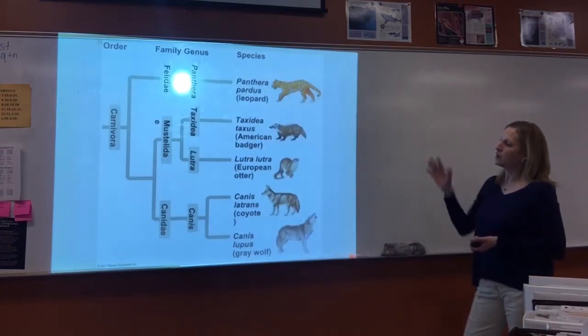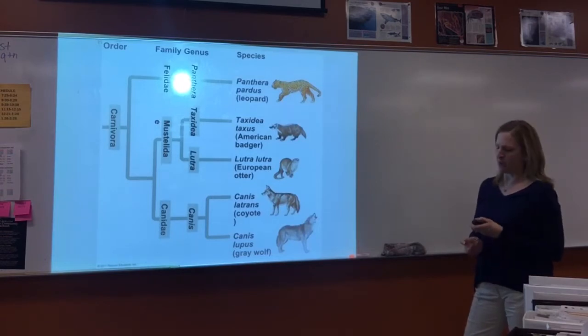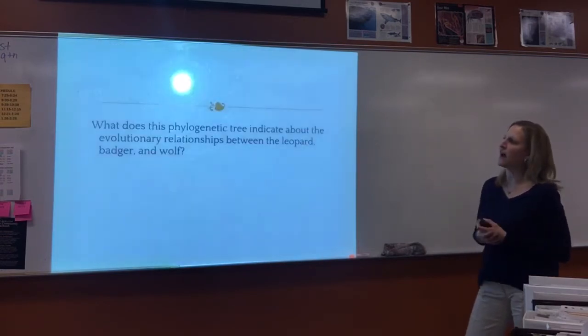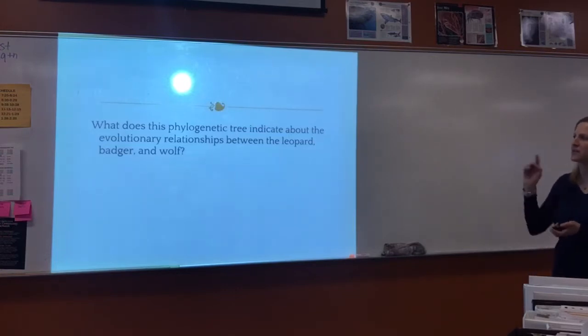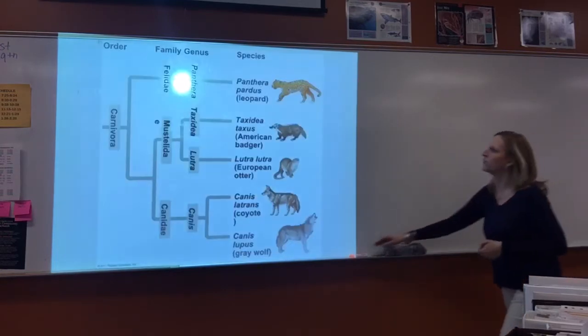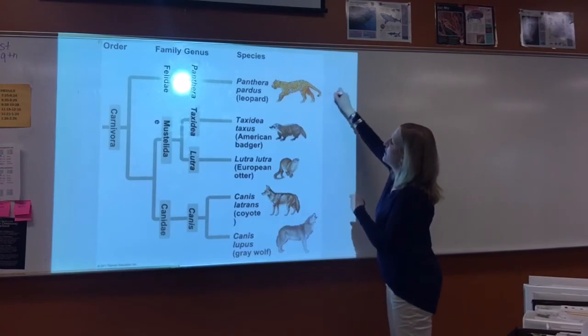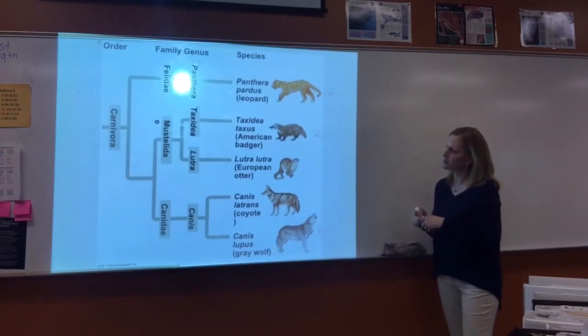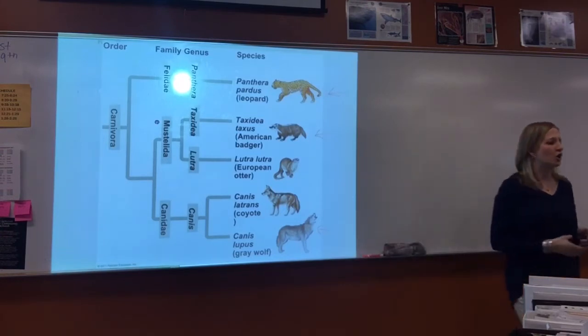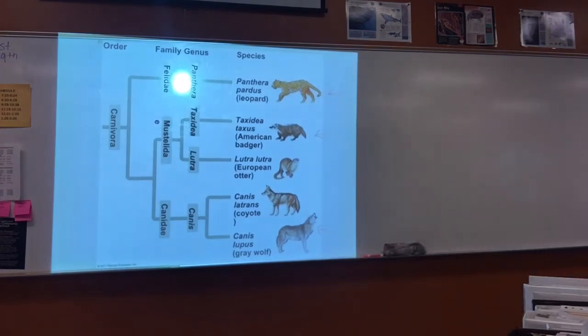In looking at this, I wanted to ask you, what does this phylogenetic tree indicate about the evolutionary relationships between the leopard, badger, and wolf? Is there anything that you can infer from this?